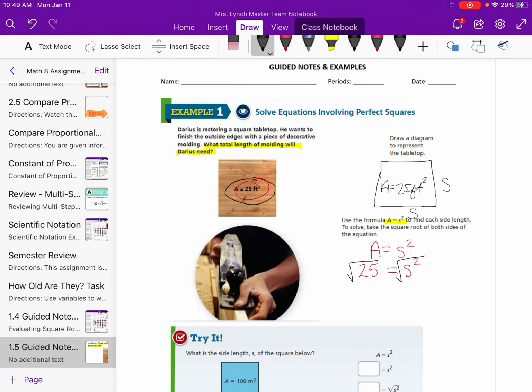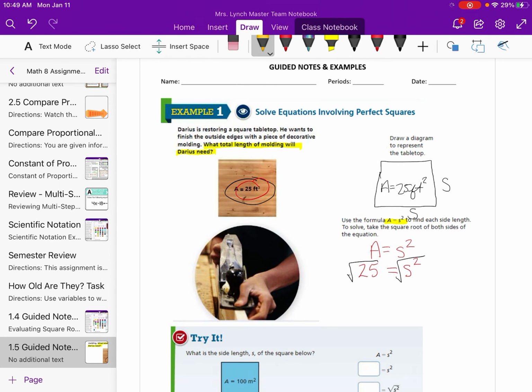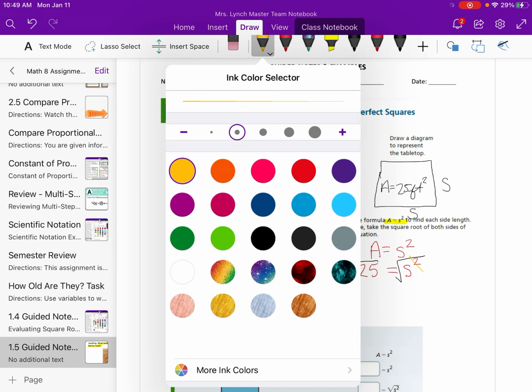Remember, what you do to one side, you have to do to the other side. So what's going to happen here, let me change my color, is the square root symbol and the square, the number 2, they cancel each other out so that you're left with just the letter S. That's why we did that.